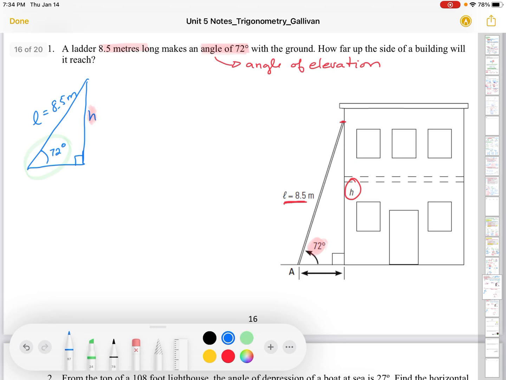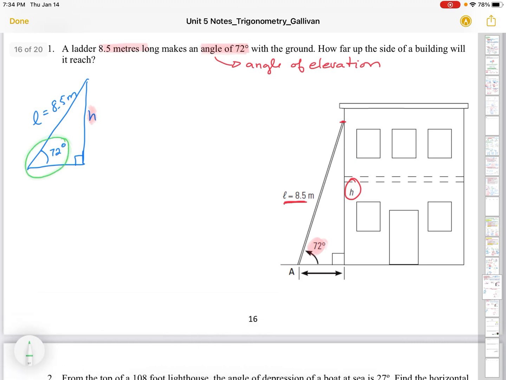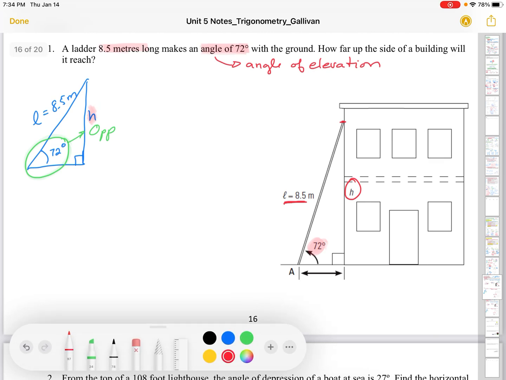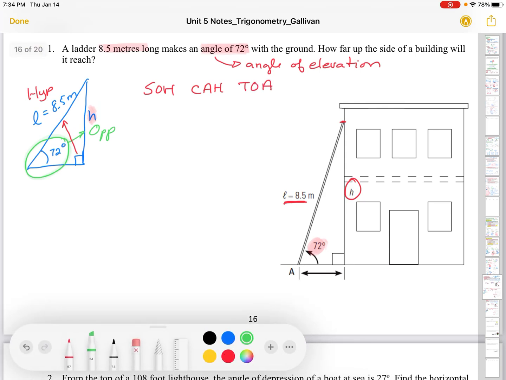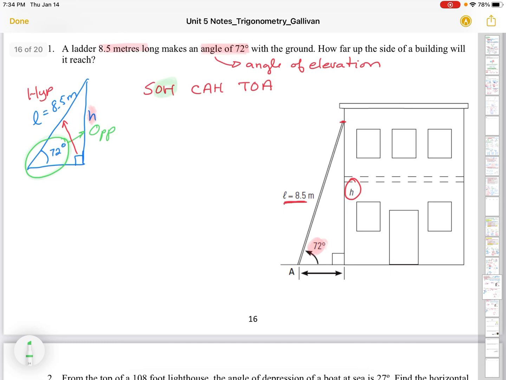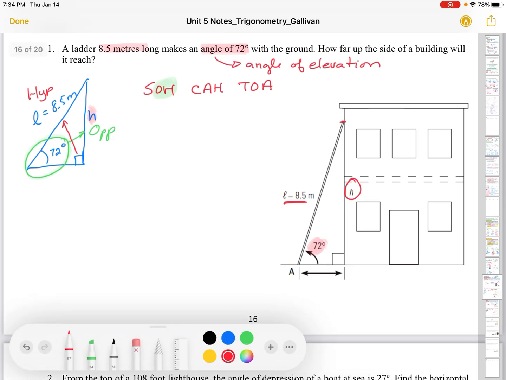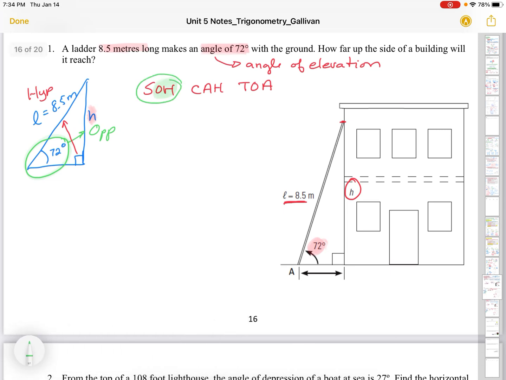So we're going to circle our angle, and we're going to label our sides. From this angle, H is the opposite. And 8.5 is our hypotenuse. So if we think about our SOHCAHTOA, always coming back to SOHCAHTOA, we know our opposite and our hypotenuse, so we are going to use sine.